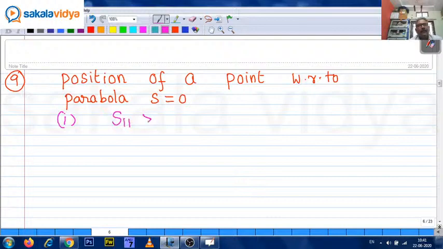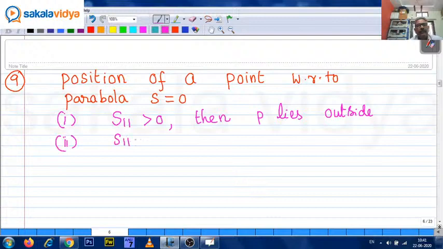The first one, S11 is greater than 0. Then P lies outside. Second, S11 is equal to 0. Then P satisfies the curve. P lies on.